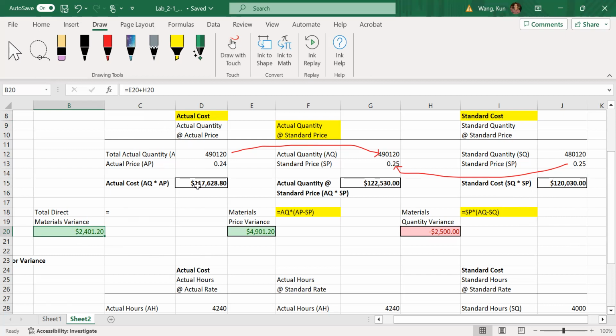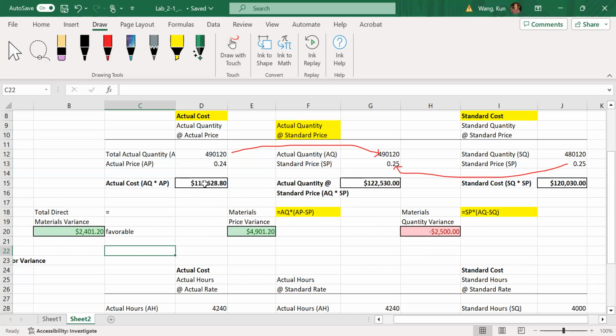This is favorable, because it's a green color, because the actual cost is less than the standard cost. So this means favorable, means we saved cost on the total material variance. And then we still couldn't tell the reason why we saved about 2,400 this month. Then now we break down into more details.